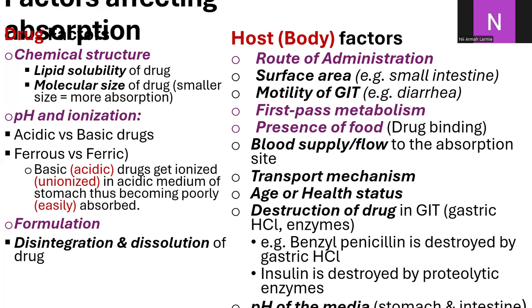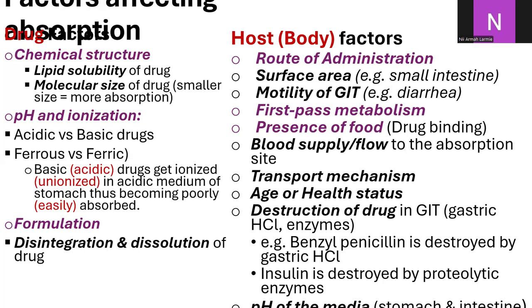So benzyl penicillin, a natural penicillin useful for mostly gram-positive infections, is not used orally because it is destroyed by the acid in the GI tract. Insulin is also not used orally because it is destroyed by an enzyme. And so the destruction, of course, means that there won't be absorption, at least to get the quantity needed to elicit the effect you are requiring.